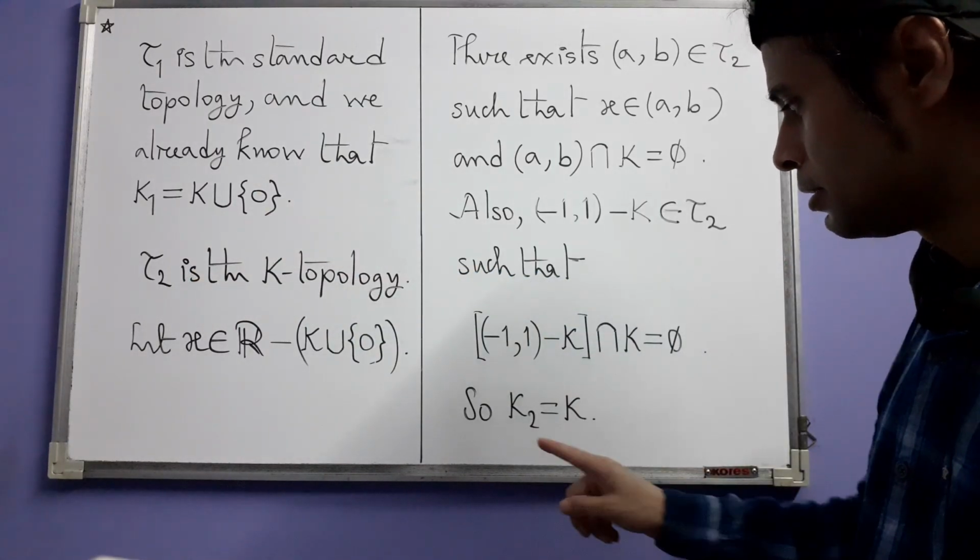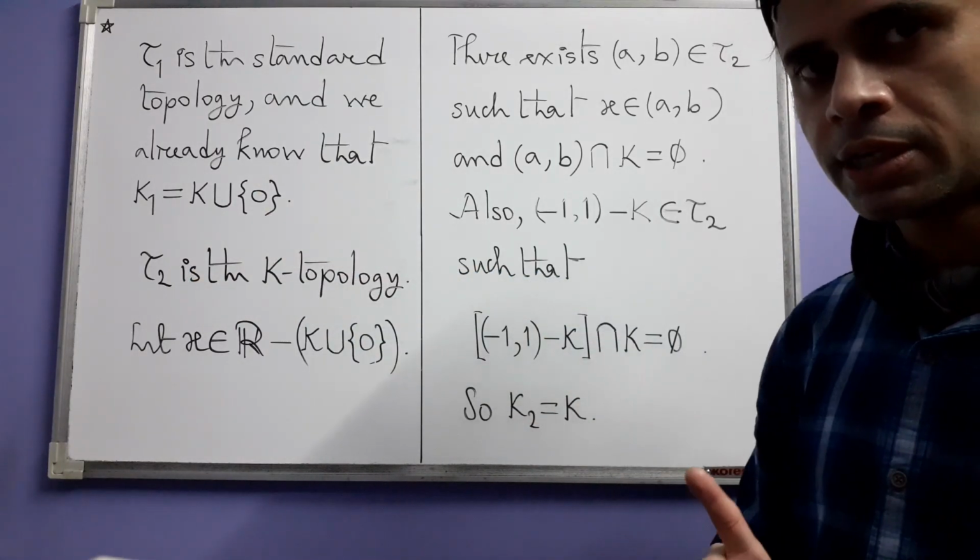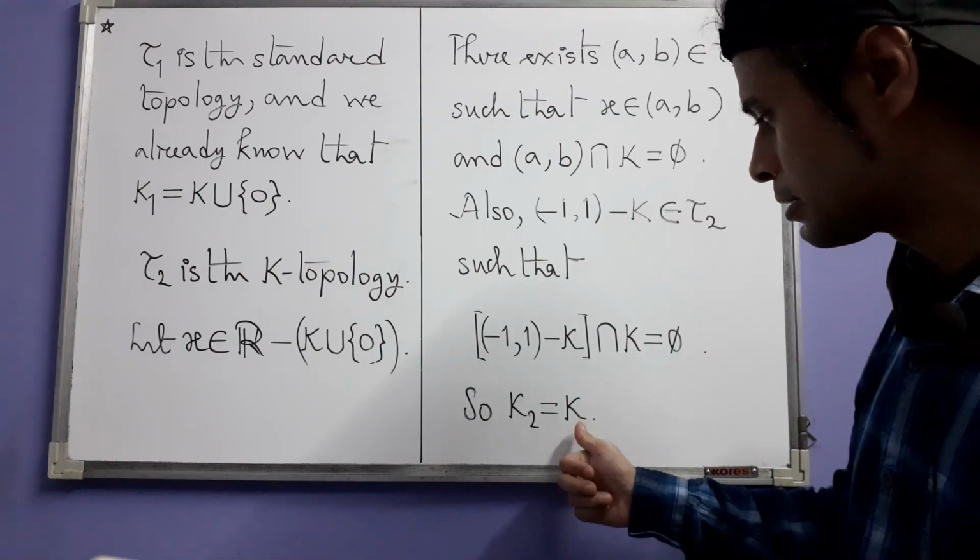And that's why K2, the closure of K in this topology, is just K.